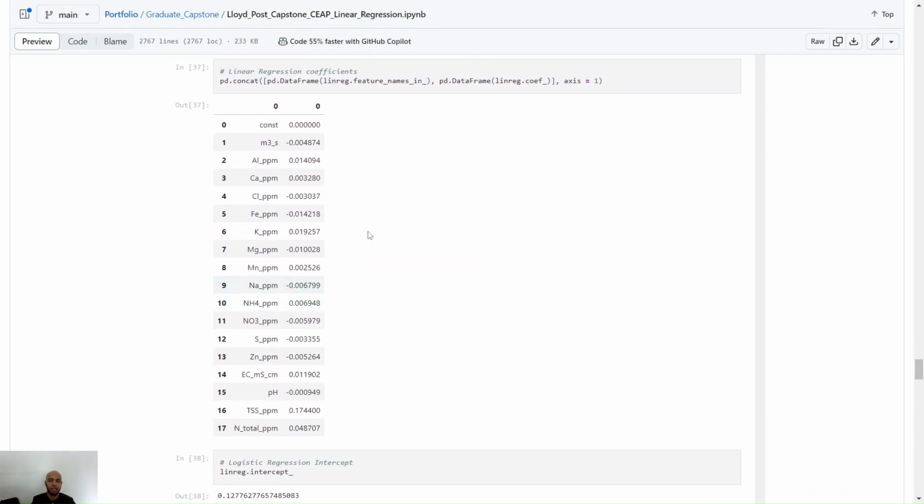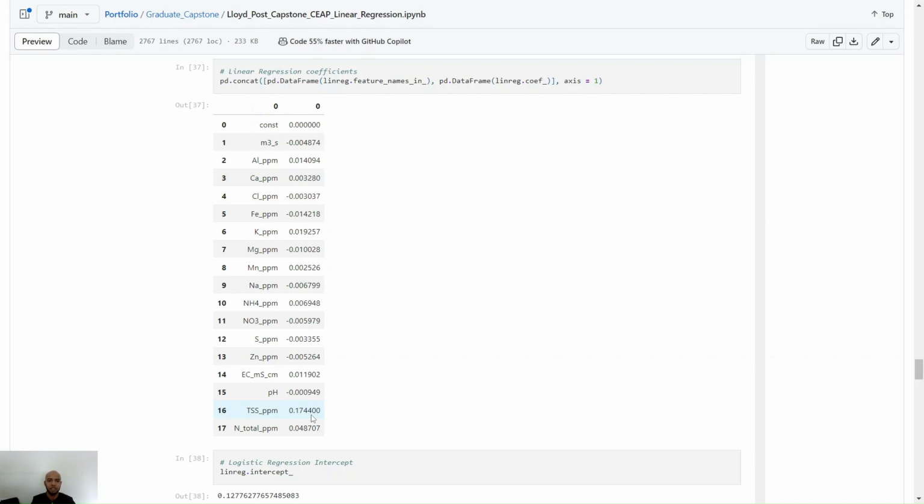Again, I'm just showing my coefficients and how they affect phosphorus. You'll notice I have a very low constant, almost 0, and then very, very low absolute values for my coefficients, except for total solids. That has a positive correlation with phosphorus levels, and it's an order of magnitude higher than all of the rest.